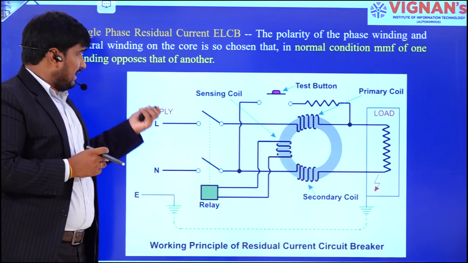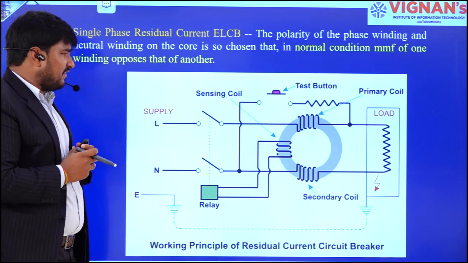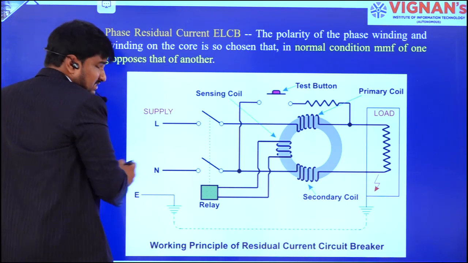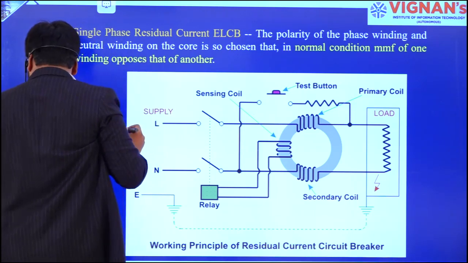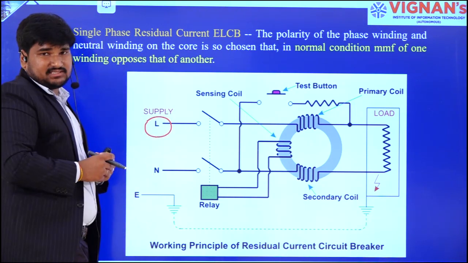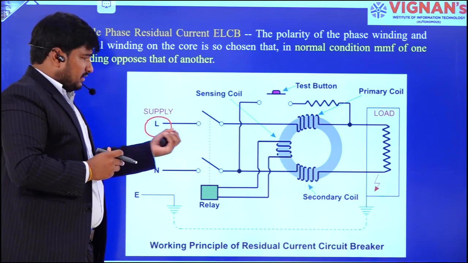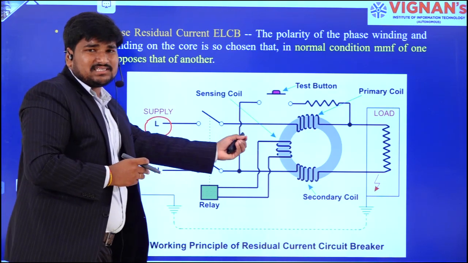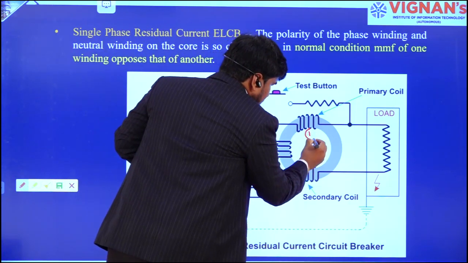So if you look at the basic principle of RCCB, let us take one single phase system. So this is supply. The positive line, that is phase, is given to one coil, let us take it is coil 1.